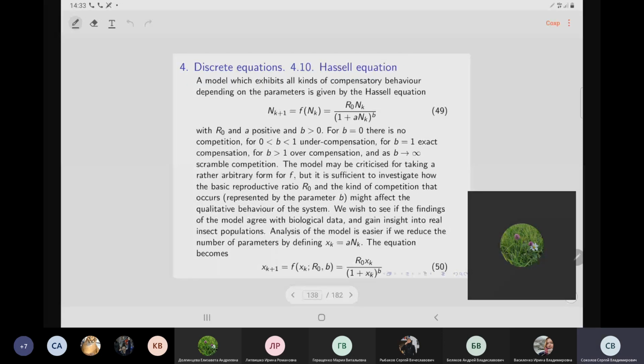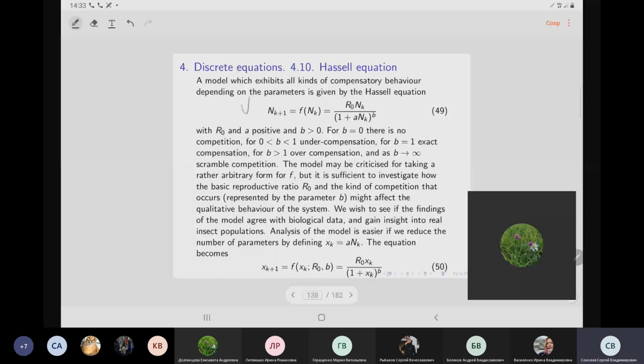So a good model that takes into account all of these features is given by the Hassell equation, equation 49. R0 and A are positive, and B is also positive.